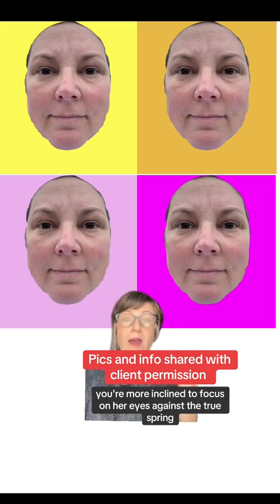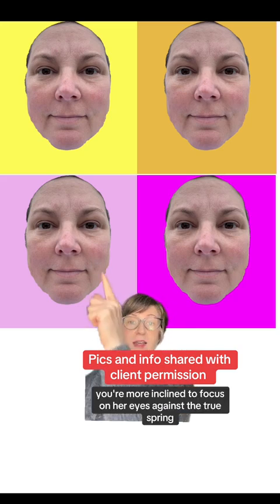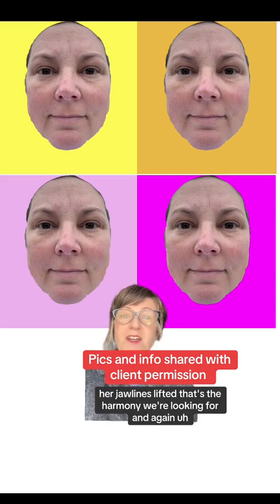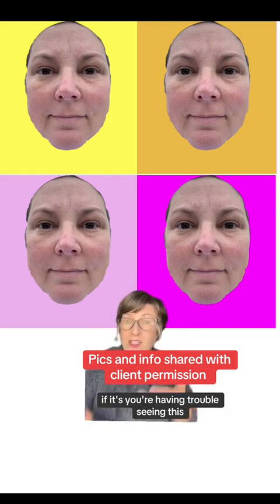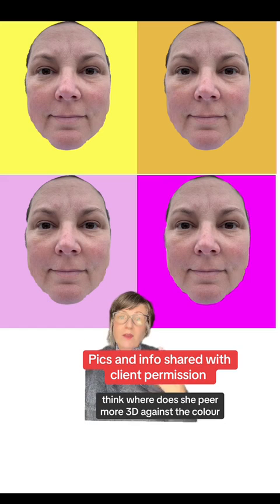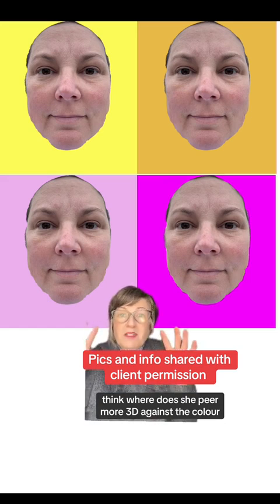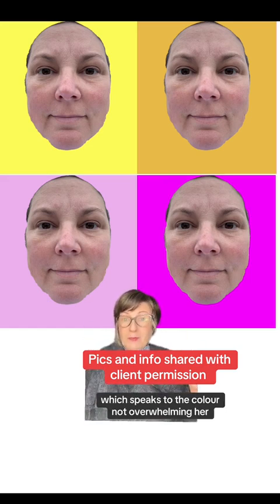You're more inclined to focus on her eyes against the true spring, and her skin is bright, her jawline's lifted. That's the harmony we're looking for. And again, if you're having trouble seeing this, think, where does she appear more 3D against the color, which speaks to the color not overwhelming her.